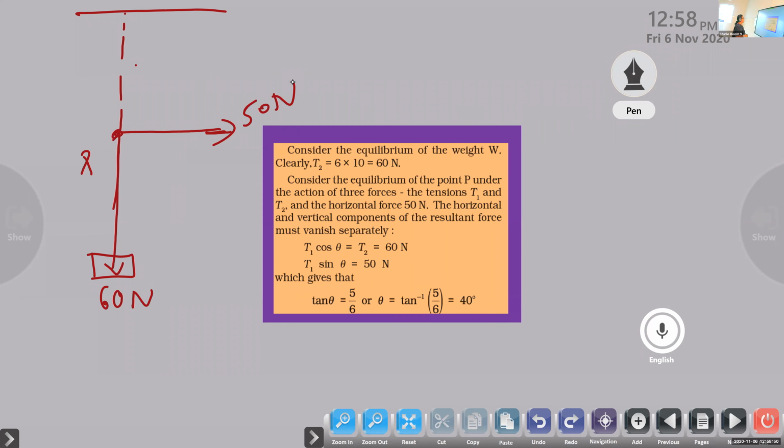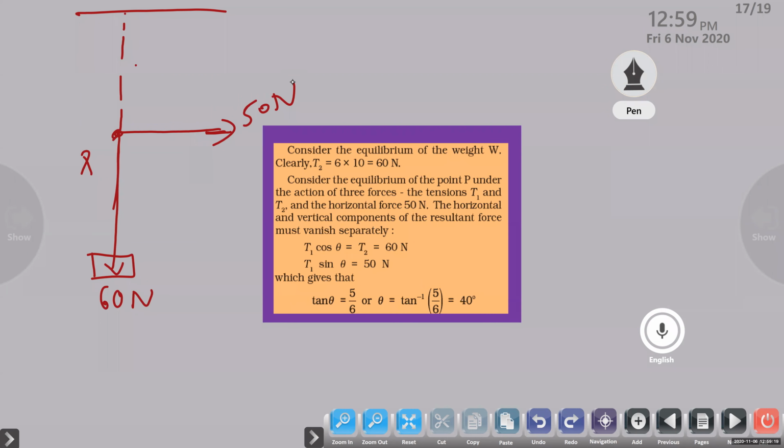Okay. Now, in which direction will the 60 Newton act, Achyut? Since it is suspended from the thread, downwards. Okay. So what do you mean by the equilibrium condition? When does a particle attain an equilibrium condition?